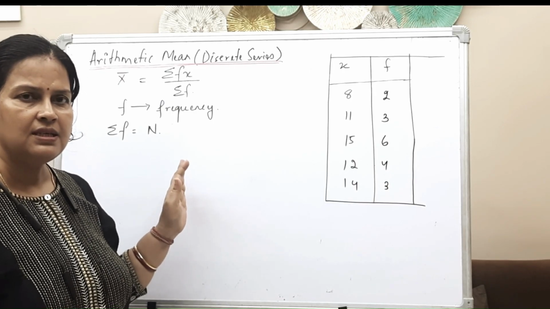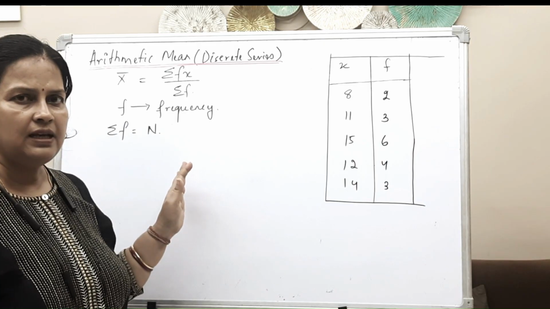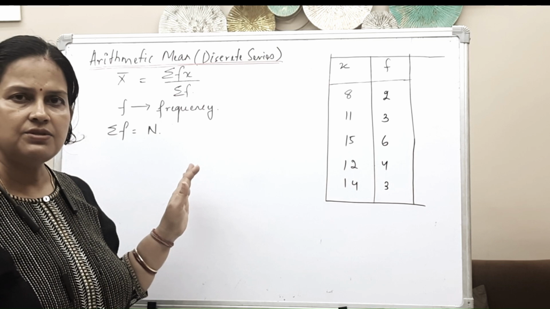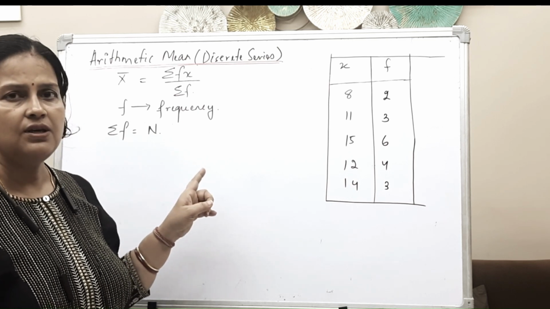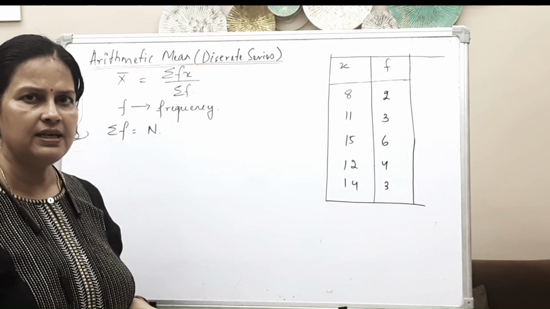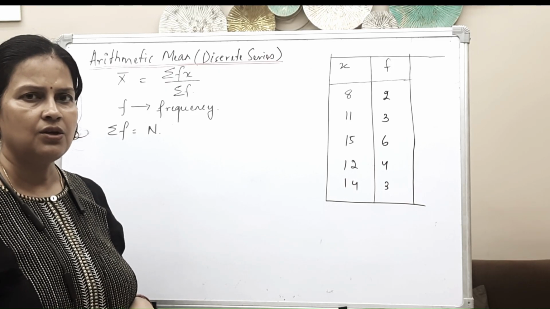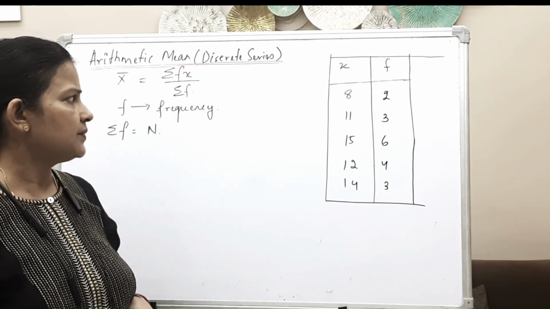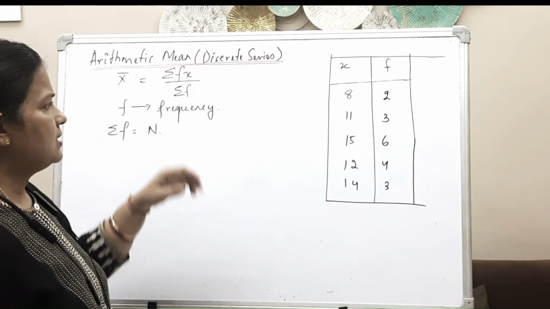Individual series is like ungrouped data, so that's why it is called individual series. This is called grouped data, that's why this is discrete series. Discrete and continuous both are called grouped data. So what happens in this case?